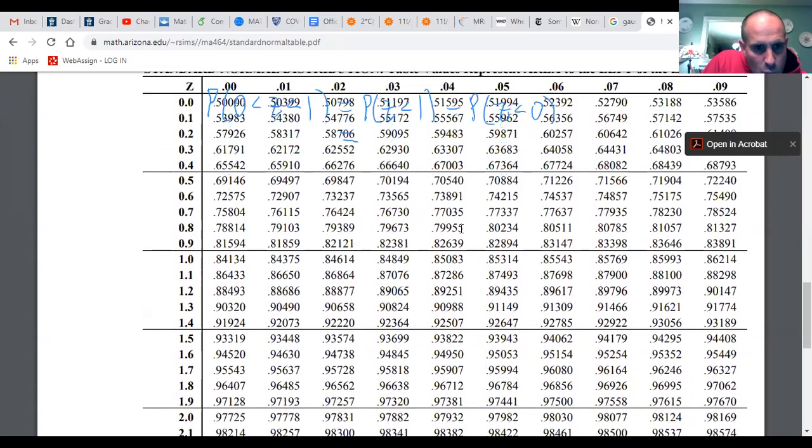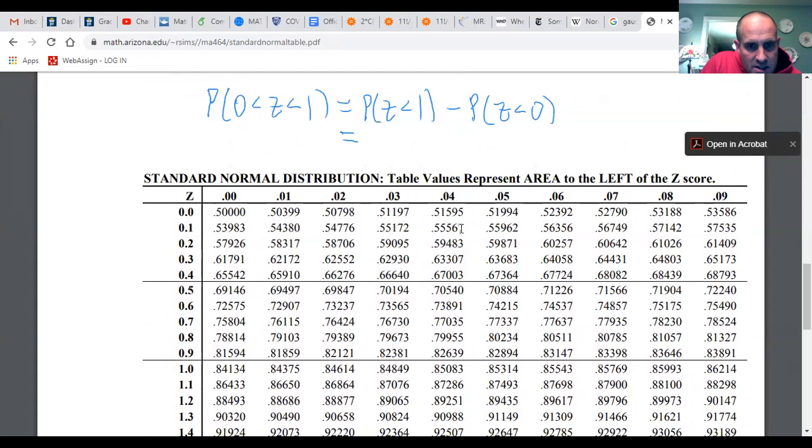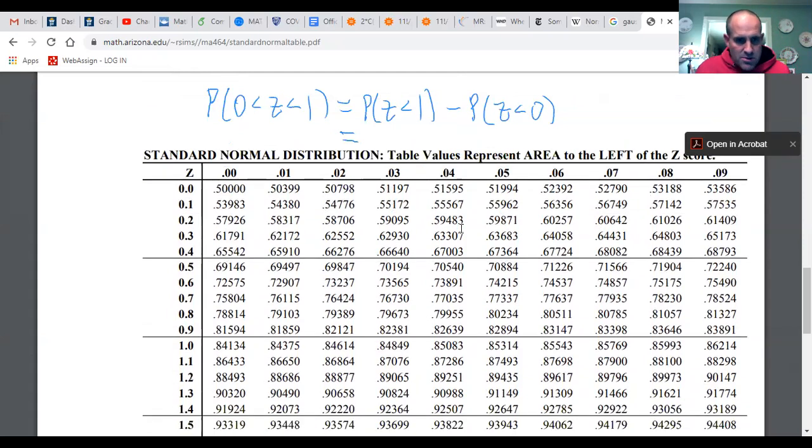Where is it? 1.00. Okay, do you see it? 1.00 is right here. So that's going to be 0.84134 minus, do I even need to look up the probability that z is less than 0?